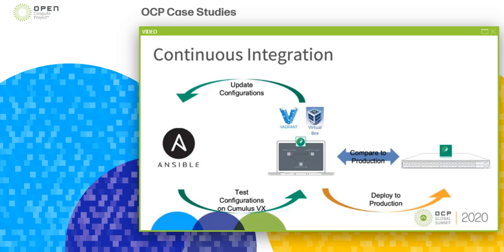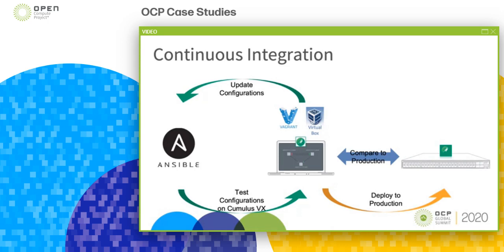Now, if the simulation results look correct using all the validation checkers that I described earlier with NetQ, then those changes, whether they are configuration changes or network design changes, are pushed into production, onto the production network.